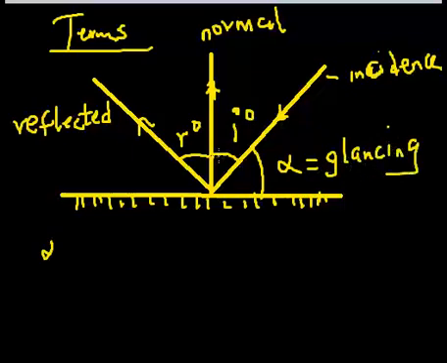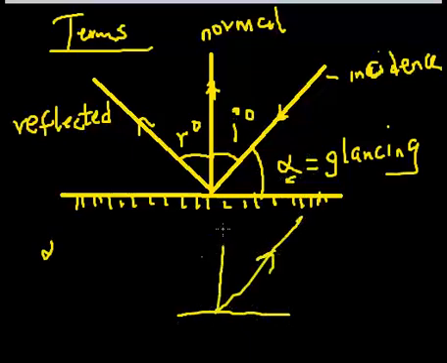In most cases, as you can see from this diagram, the normal and the mirror are perpendicular to each other, which means they are 90 degrees. So if I have my glancing angle and I was not given the angle of incidence, all I need to do is subtract the glancing angle from 90.